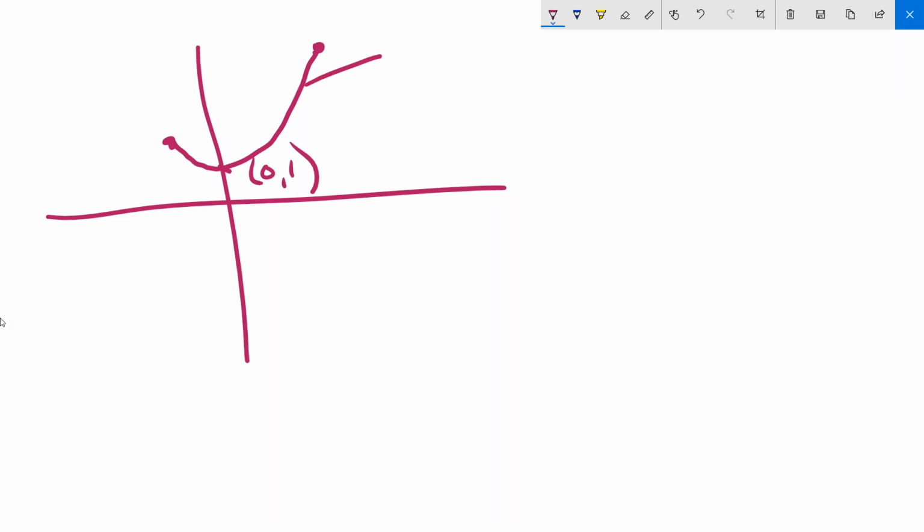That function is f of x equals x squared plus 1. In other words, it's y equals x squared shifted up by 1 unit.